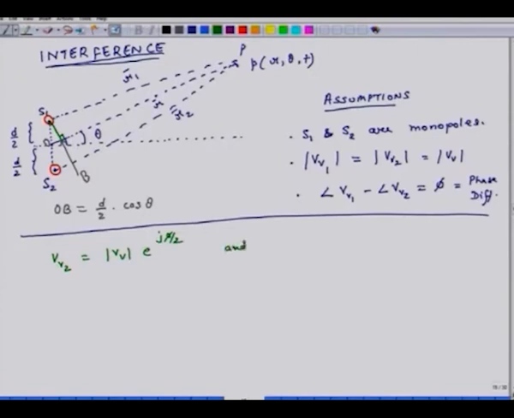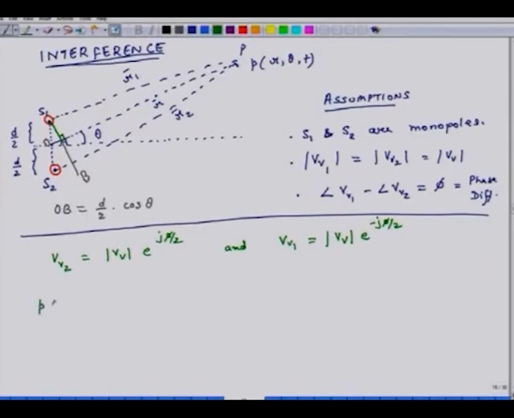And similarly, VV1 is equal to some magnitude and some phase, and because the phase difference between S1 and S2 is phi, its phase will be minus j times phi divided by 2.